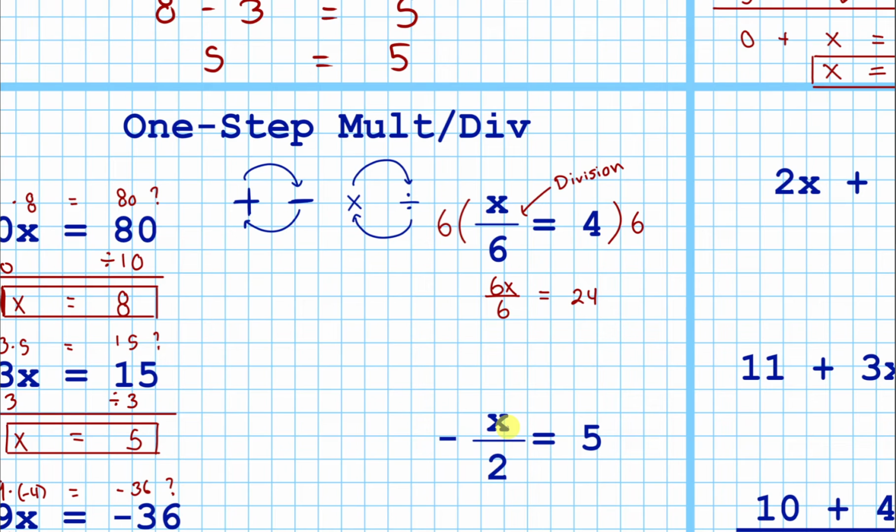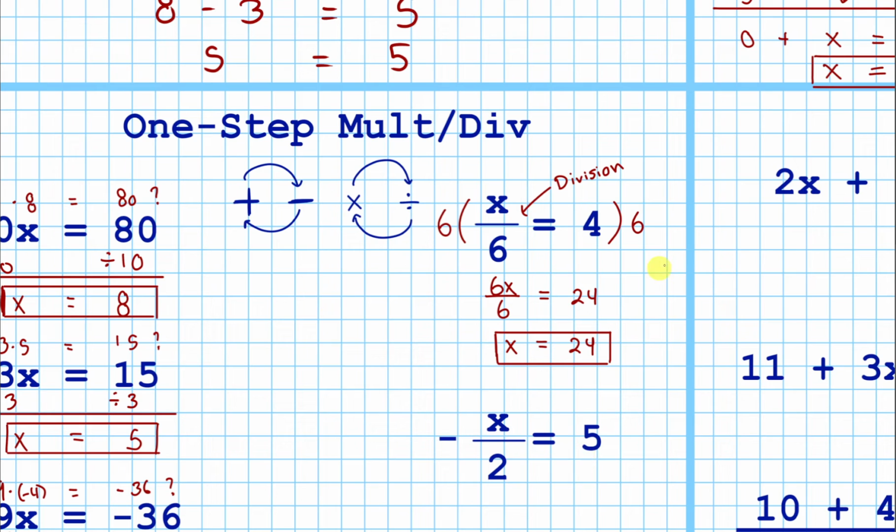And now I simplify. Well, 6 over 6 is just 1, right? So this is really saying 1x equals 24. And 1 times x is really just x. And so I get x equals 24.